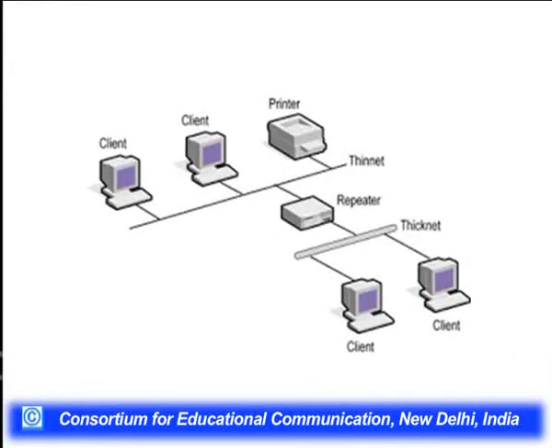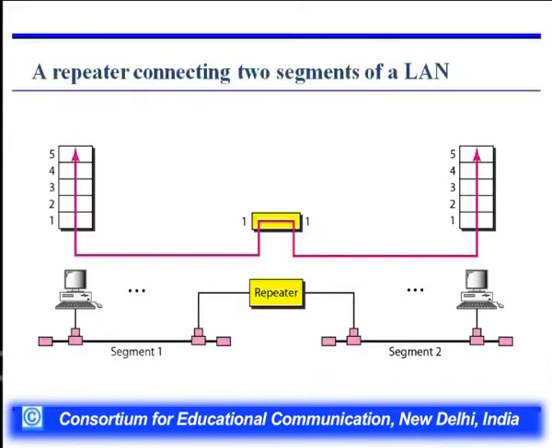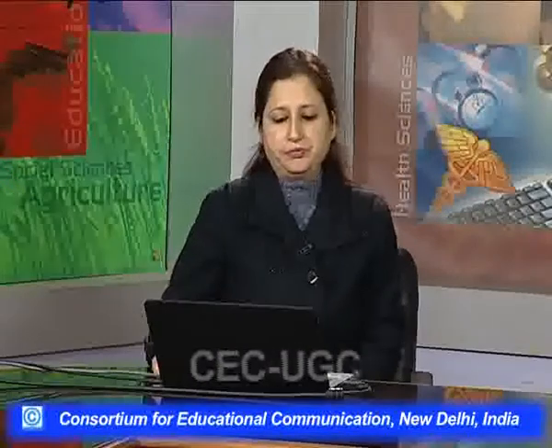So this diagram shows how a repeater works. You can see here that there are two components of the LAN which are joined together by a repeater. So a repeater connects two segments of the local area network, and as you can see, it works at the physical layer of the OSI model.